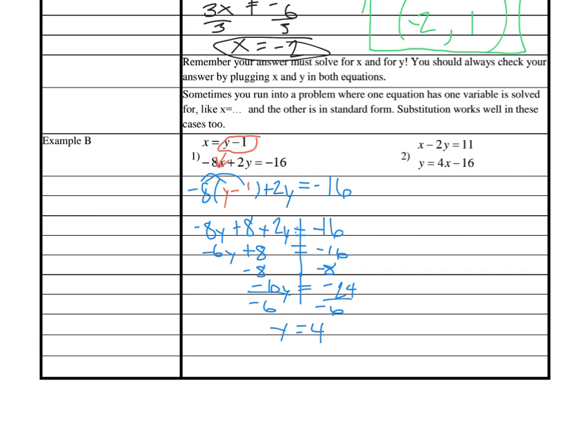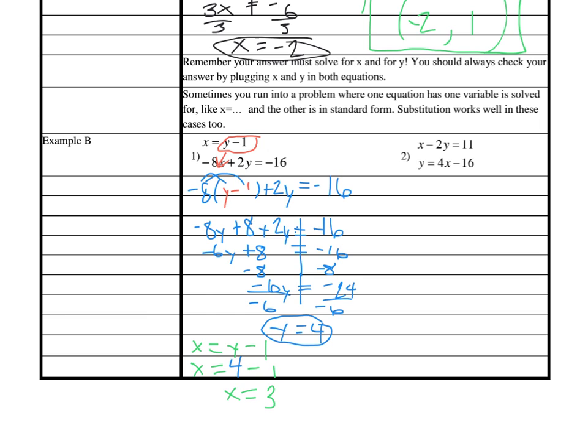So we take one of the two equations we were given, whichever looks easier. I think the top one does. So x equals y minus 1. X equals, and we know y actually equals 4. So instead of y, we're going to put 4 minus 1. 4 minus 1 is 3.